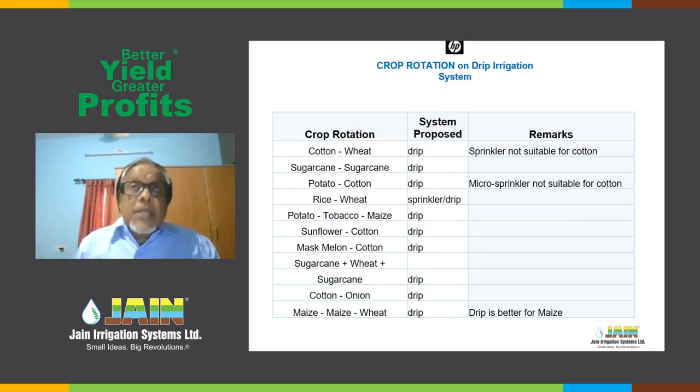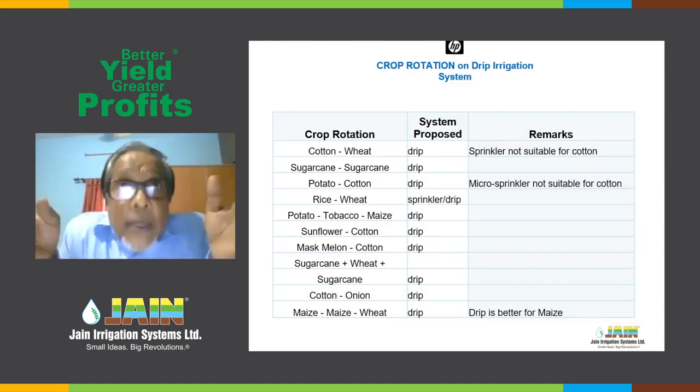Now, when you are giving a drip system to a farmer, the potato farmer, after potato, may be growing tobacco. It happens in some parts of Gujarat. Or he is growing maize. Many places it happens. And he cannot keep on changing drip for tobacco, drip for potato, drip for maize.